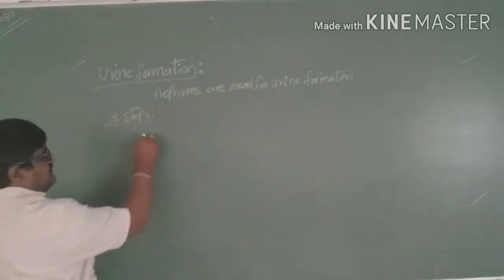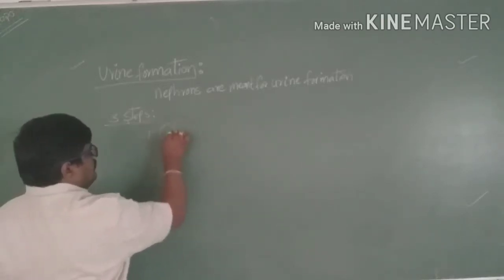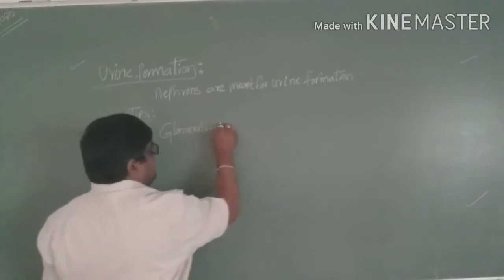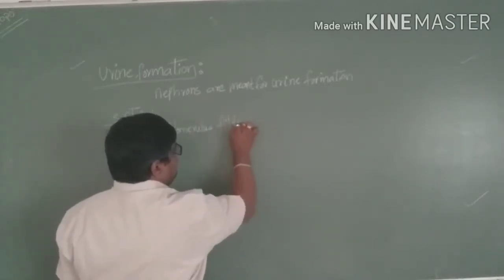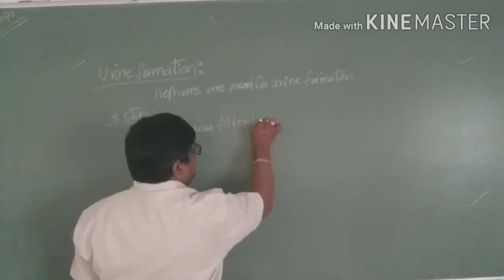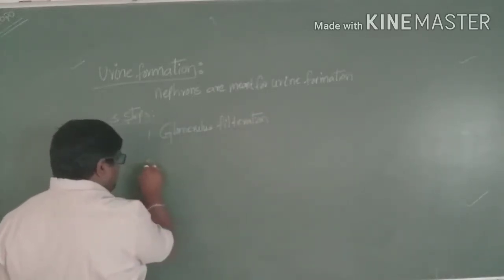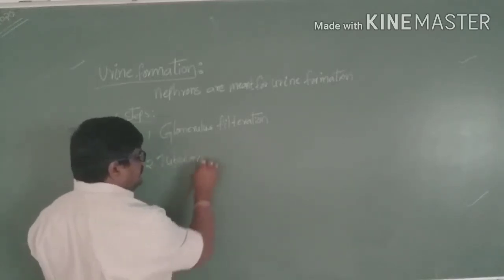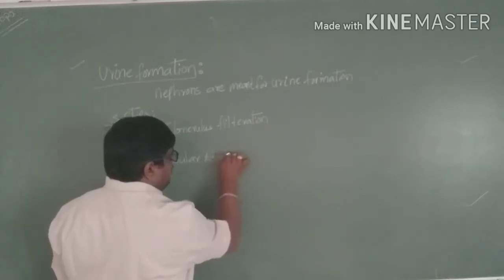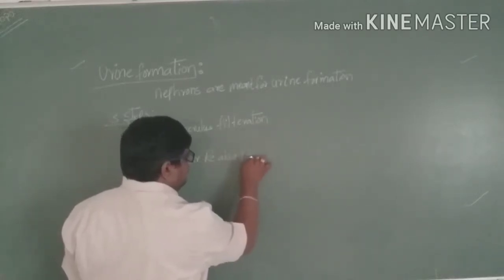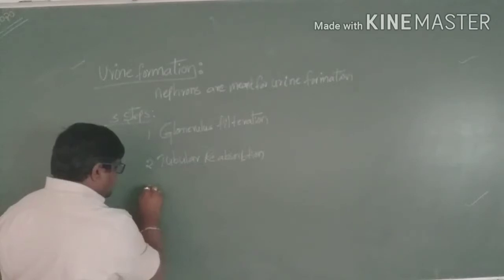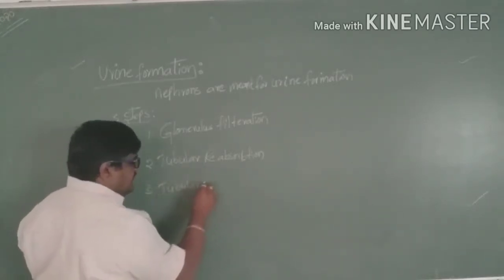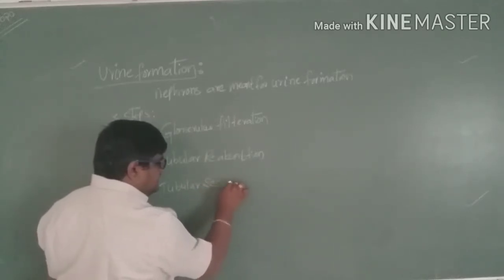The three steps are: the first is glomerular filtration, the second is tubular reabsorption, and the third is tubular secretion.